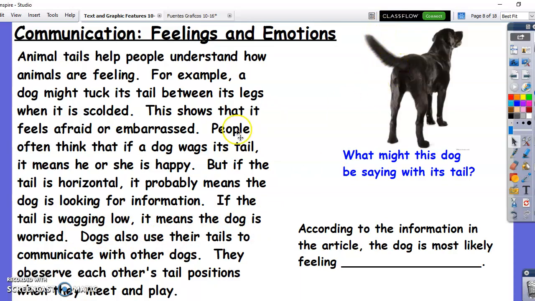So therefore, using this text and this picture, I can answer this question, which is, according to the information in the article, the dog is most likely feeling, the answer would be happy. Again, where does it say that? Yeah, if the dog wags its tail, it's happy.